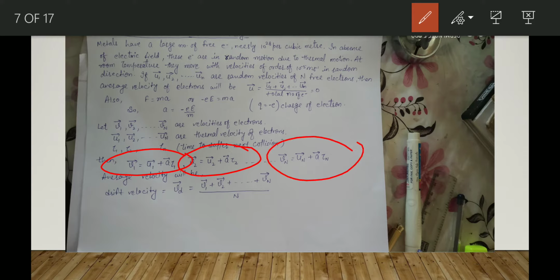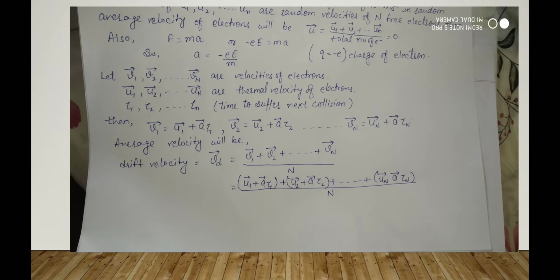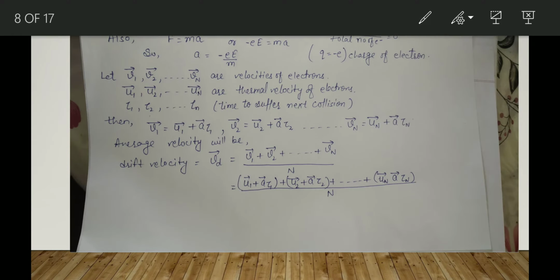So what will we do now? We will find the average of all velocities. We will just sum up all the velocities and divide by n. Then this average velocity is called drift velocity. And again we can put the values of V1, V2, Vn from these equations.